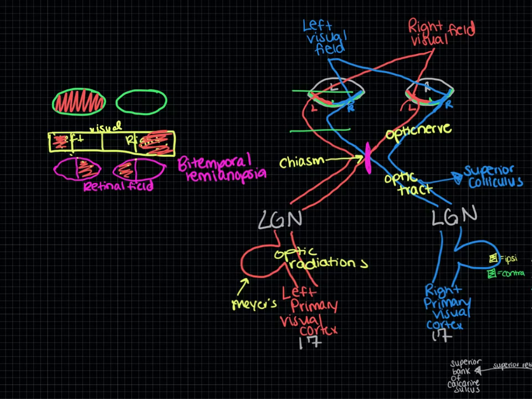Now, if you had a lesion in the optic tract, you would end up with a loss of the retinal field on the same side, because on this left optic tract, these are coming from both left hemiretinas, so we would lose the visual field on the right.